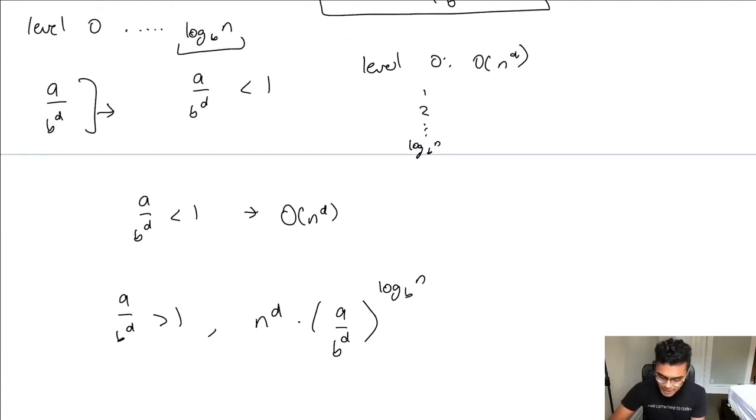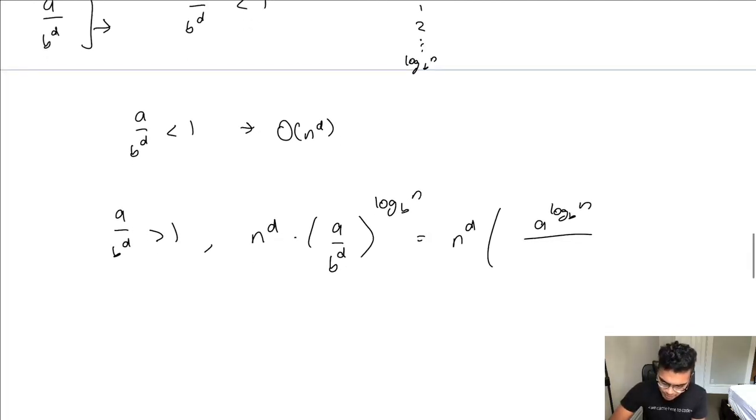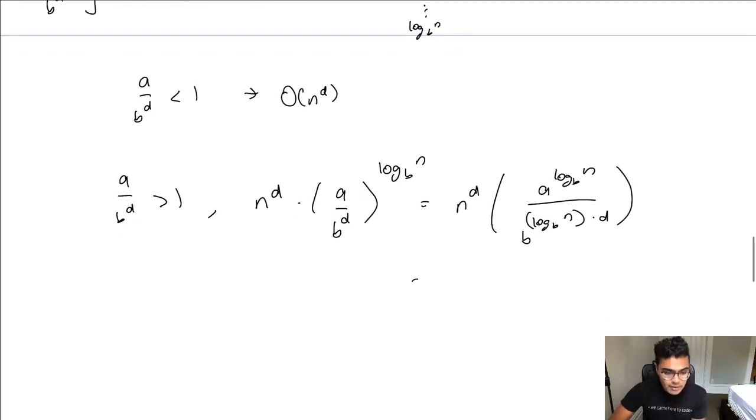And so in this case, we can simplify this. And again, this is all in the textbook. I'm going to go ahead and just take n to the d as our common denominator. And we have a to the log b of n. You're just expanding the exponent. And then this becomes b to the log b of n times d. And again, this simplifies even more. You would get b and b cancel, and you're left with n to the d down over here.